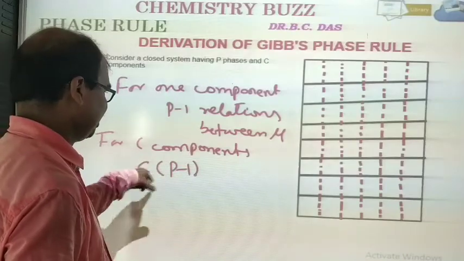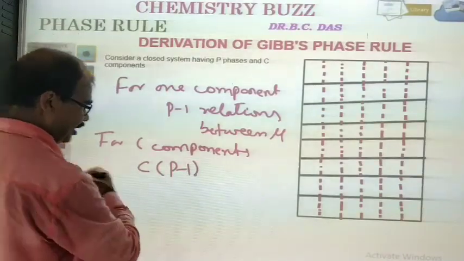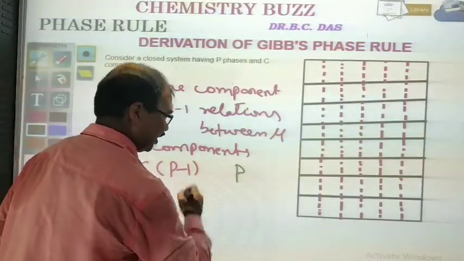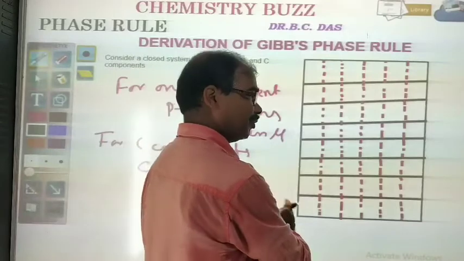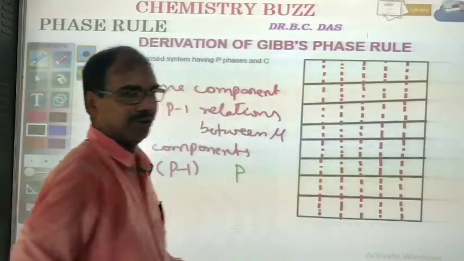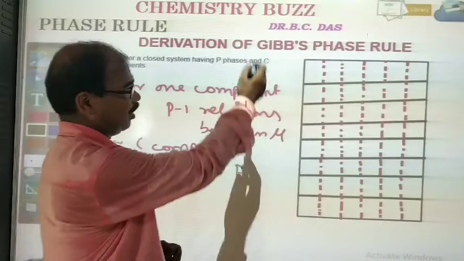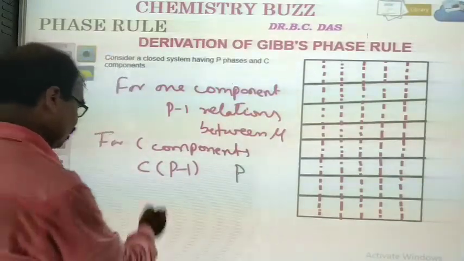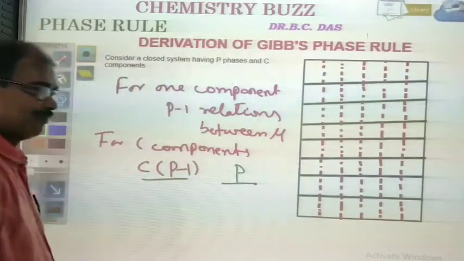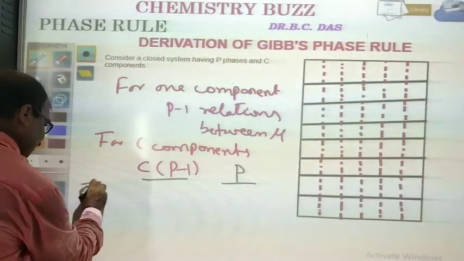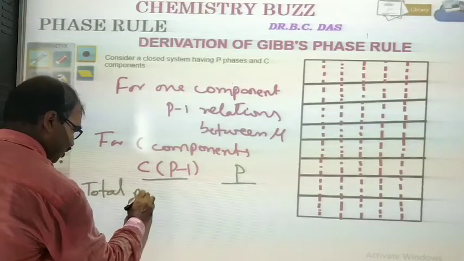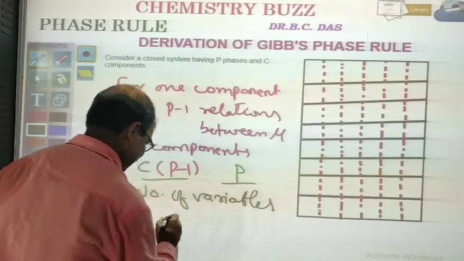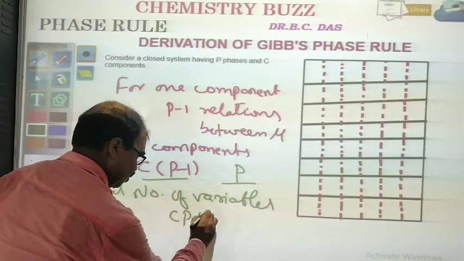This is one set of relations, and we had another set of relations, that is the P we have taken. P is the number of relations between the mole fractions of different components in all the phases. So P relations are there. This is one restriction and this is another, and the total number of variables we have already calculated is CP plus 2.